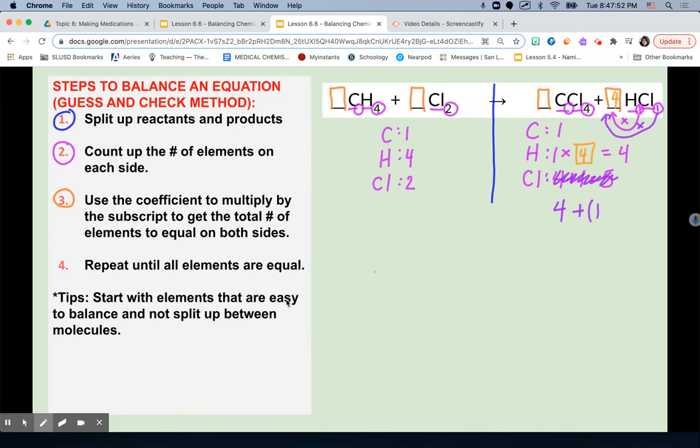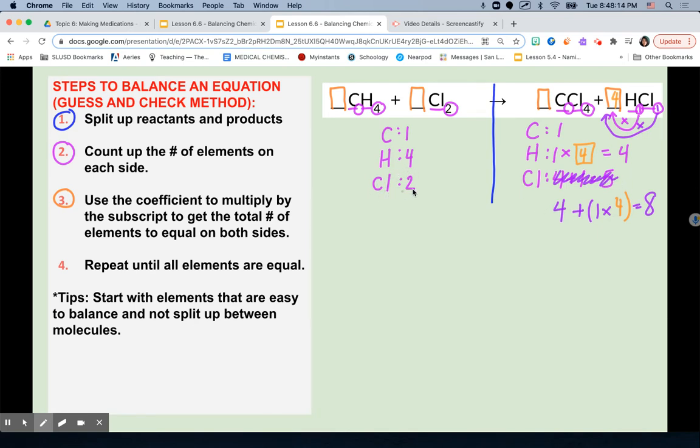Let me just make that clear. So 4 plus 4 gives me a total of 8 Cl's. So I have 8 Cl's on my product side.